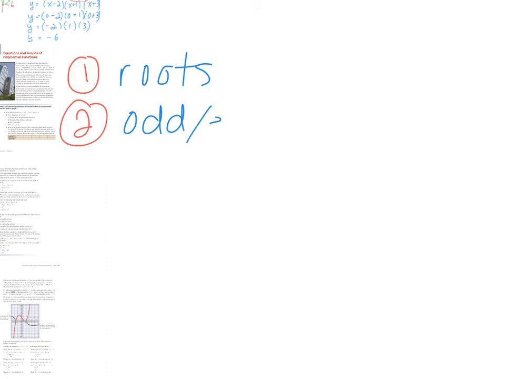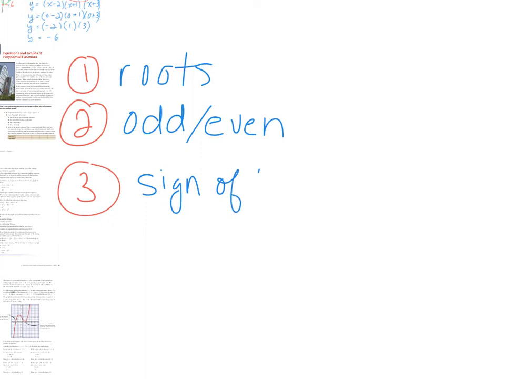Because that's going to tell me whether it's like a line or a bowl. The third thing I'm going to do is look at the sign of my leading coefficient to see whether it is increasing from left to right or decreasing from left to right, if it's odd, or if it's even, whether it's opening upward or downward in its sort of bowl-like shape.